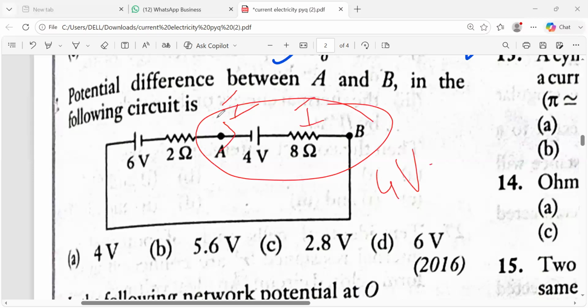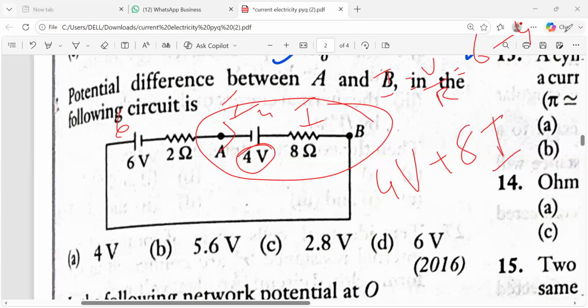So what is it? 4V plus 8I. 4 volt, okay, already I got from here. 8I. What is my I? I is equal to V by R. What is my voltage? One is 6 volt and the other is 4 volt. So 6 minus 4.